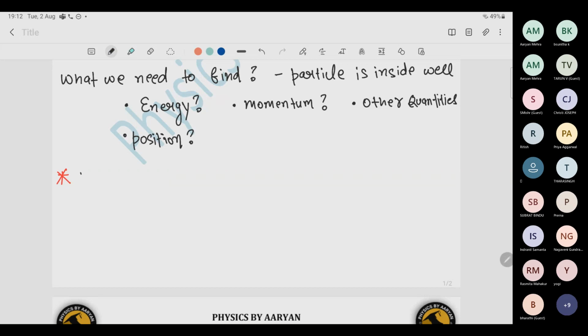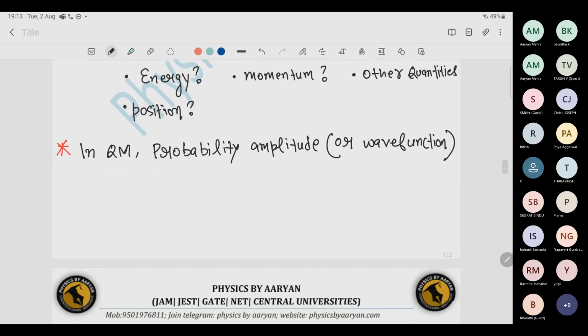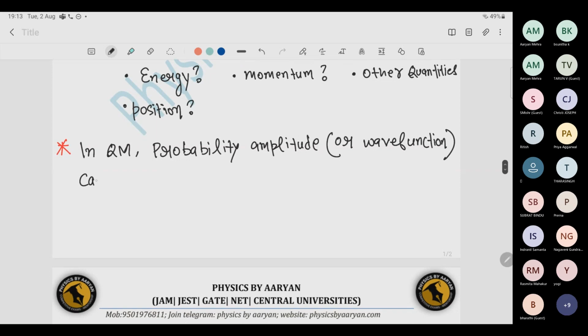In quantum mechanics, probability amplitude is a very new word you must have seen, or simply called wave function. So probability amplitude is another name for wave function, and the wave function can tell you about all the features of the system.